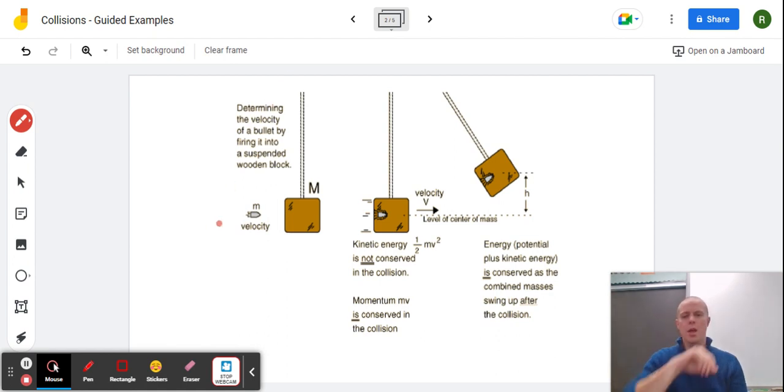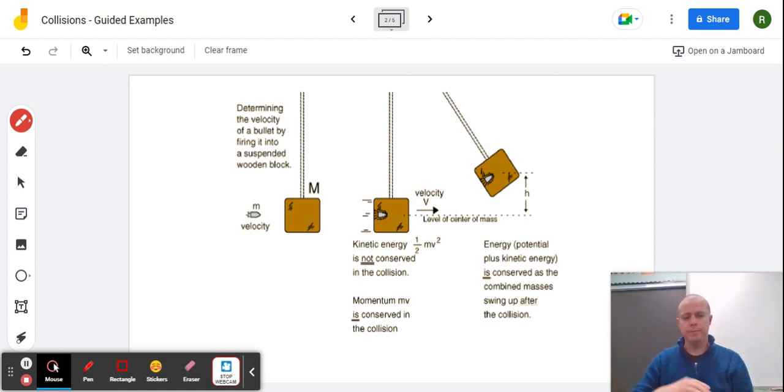So you would have a wooden block hanging on a string. You would fire a bullet into the block. The bullet would embed itself in the block, creating an inelastic collision. So these things become one object, and then the block and the bullet together would swing up to a new height.